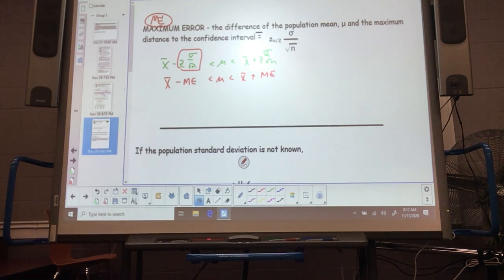Because once again, the best point estimate to a population mean is just a sample mean. And that's what this is saying. Then we have to add or subtract that maximum error.